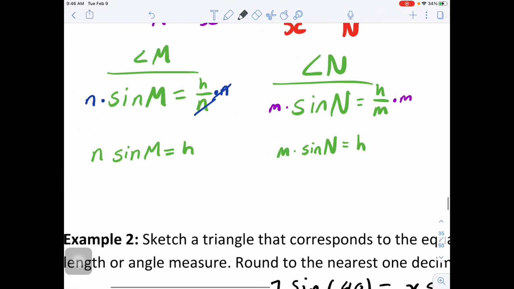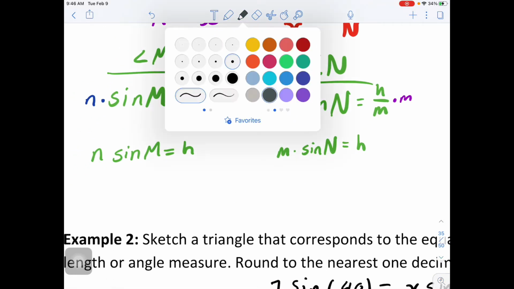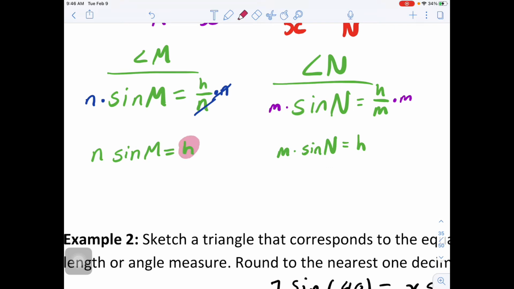Now recognize you have two h values that equate to one another. So these two actually equal each other. If h equals h, we have n sine M equaling m sine N.